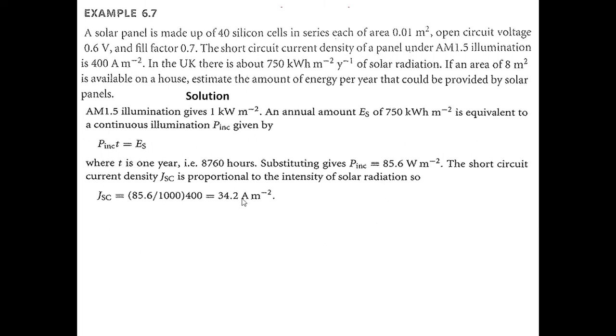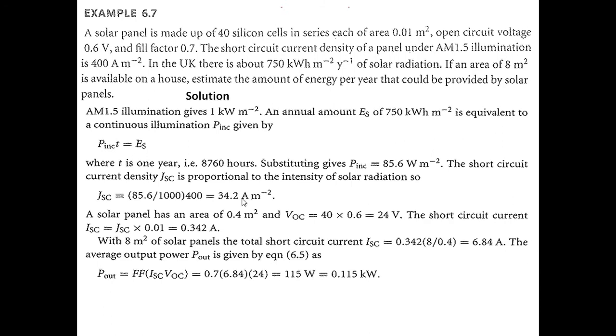Now let's go to the second part. My open circuit voltage is 0.6 volt, and my panel contains 40 silicon cells, so I have to just multiply.